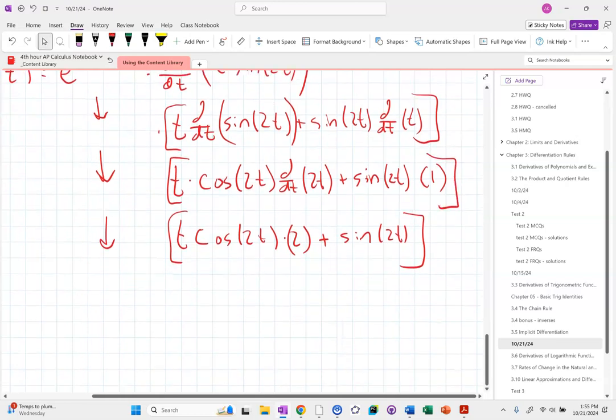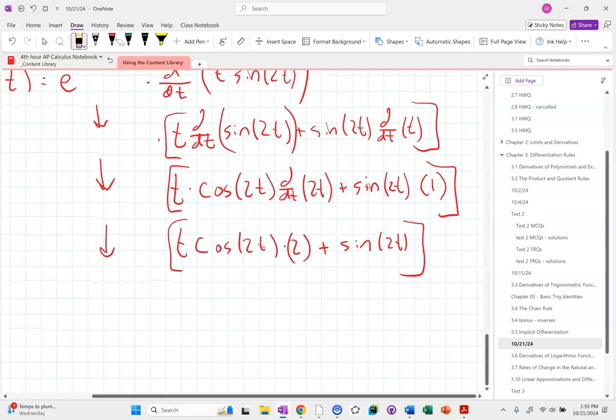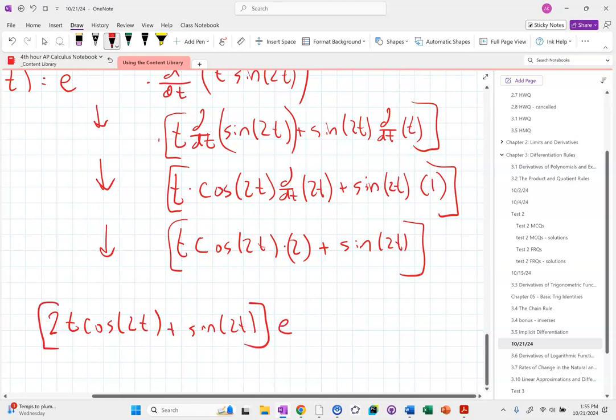Okay. So at the end of the day, we have, let's do it as 2t cosine 2t plus sine 2t all times e to the t sine 2t. Maybe that is the best way of writing that.